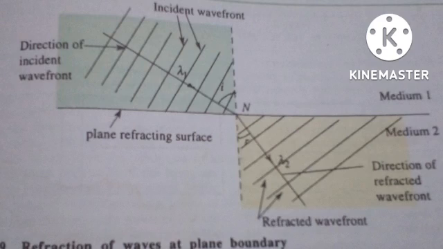Now, in short, once the second medium is less dense than the first medium, the ray is refracted away from the normal, and that normal is the line that is perpendicular to the plane reflecting surface. But whenever the second medium is denser than the first medium, the ray is refracted towards the normal. So those are just two shortcuts you can use to understand refraction.